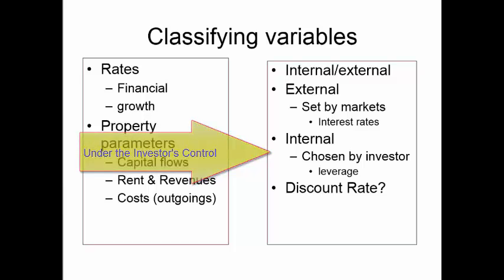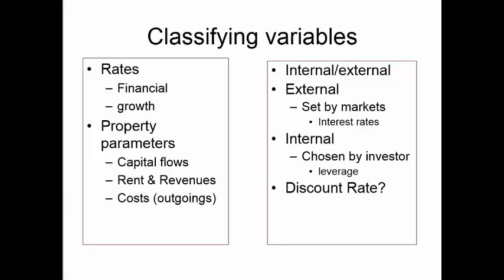Having said that, it's important to be aware that once the internal variables are set, often it is difficult to change them. This is especially the case with, say, leverage. Leverage is the amount of debt which the investor brings in to help finance the property acquisition. While notionally the investor may have many bags of gold lying under his bed available to be able to pay off the bank at short notice, usually this is not the way investors work.